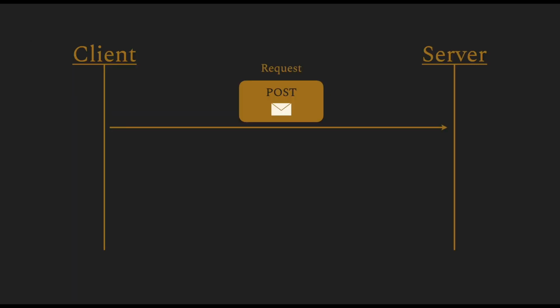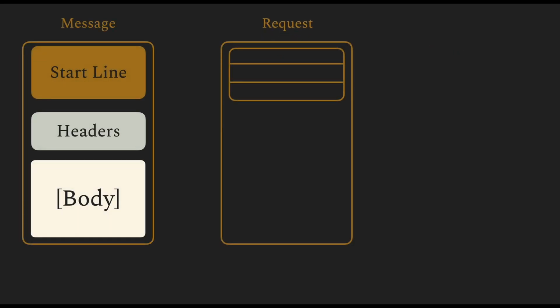The next request is the POST request, where the client tries to create some data on the server. Now let's see what happens here in the request. In this request, the start line consists once again of the method, which is POST, which is usually used to create data. The URL is the same and the version is the same.